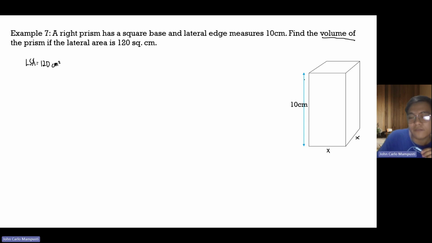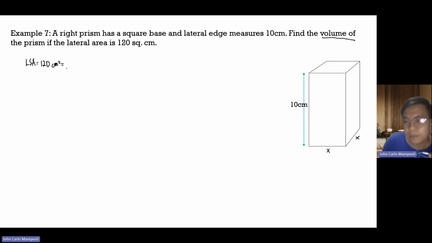So, in finding the volume, we need to get the side ng ating square base. Then, after that, we're going to find the area of the square base times 10. And then, makukuha na natin yung volume natin. Okay, dito ang given lang, sinabi niya dito is 120 square centimeter daw yung lateral area. So, ano na ulit yung formula ng lateral area natin?